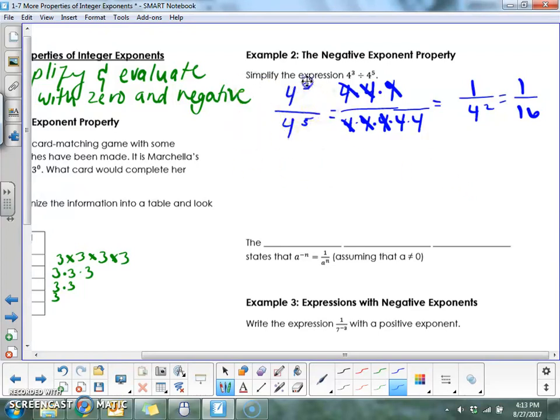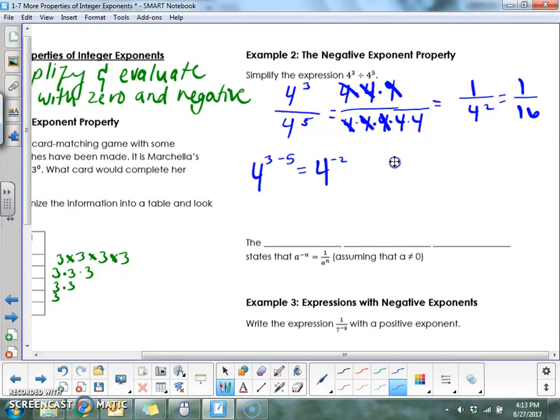Now using the quotient property, instead of expanding it all out, we can subtract our exponents. I would do 4 to the 3 minus 5 power, which is 4 to the negative 2 power.